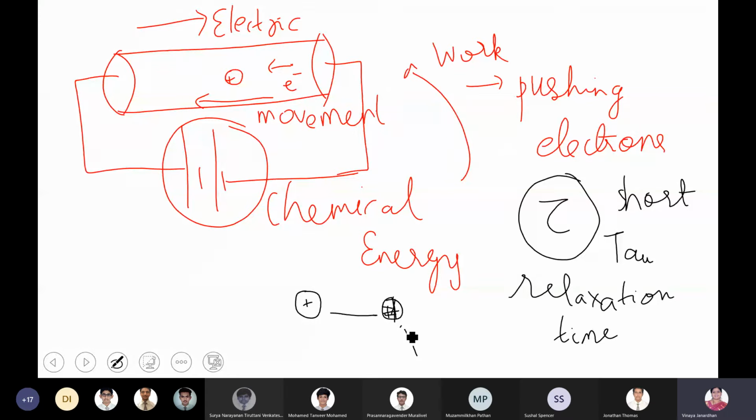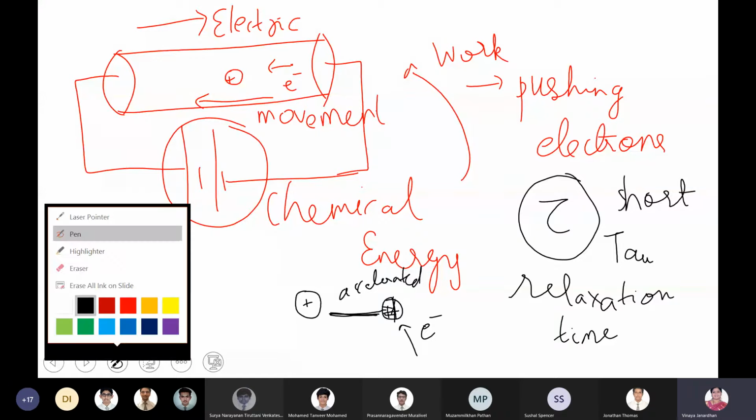When an electron encounters a positive ion, it undergoes a collision. Then, in the meantime, between the two successive collisions, again it goes and collides with the next atom. It again gets retarded, it undergoes a collision with a positive ion, it gets slowed down. Then it is acted upon by the electric field, so it gets accelerated till it goes and collides with the other atom. So the time taken between two successive collisions of your electron is called the relaxation time, boys.